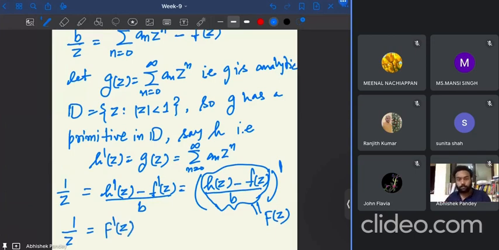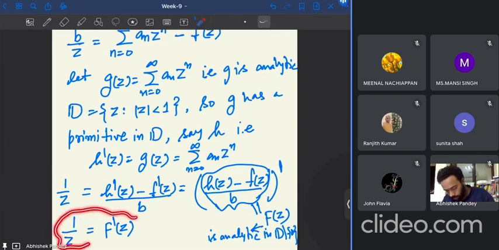So this F is analytic in the punctured unit disk. What does it mean? It means that 1 by z has a primitive in the punctured unit disk D minus 0.